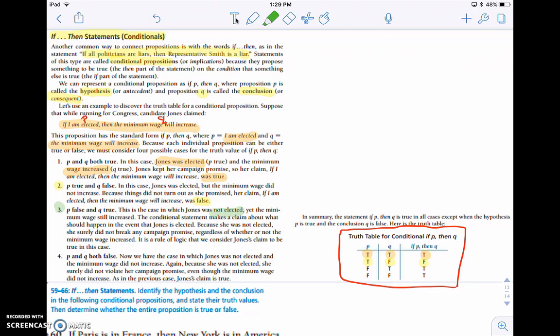Because she was not elected, she surely didn't break any campaign promise, regardless of whether or not minimum wage increased. So the rule of logic here is that we consider Jones's claim to be true, because she didn't break any promises.